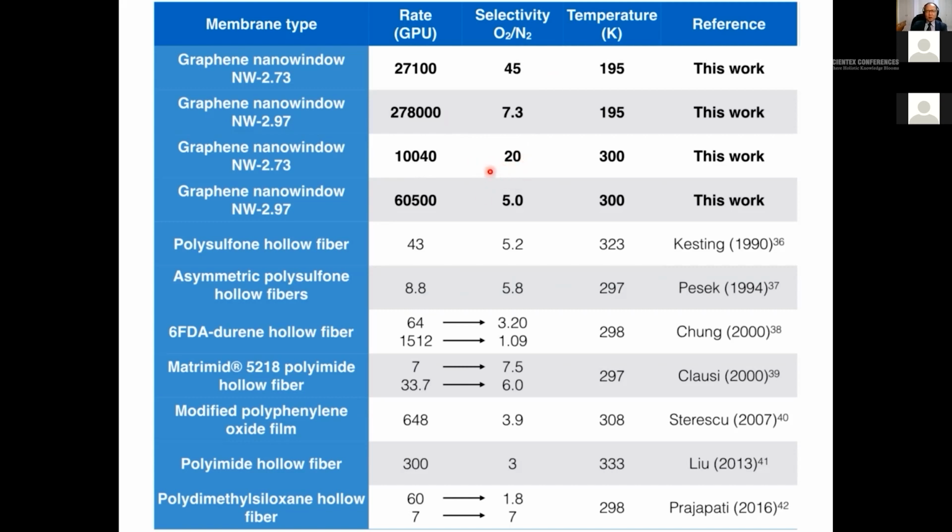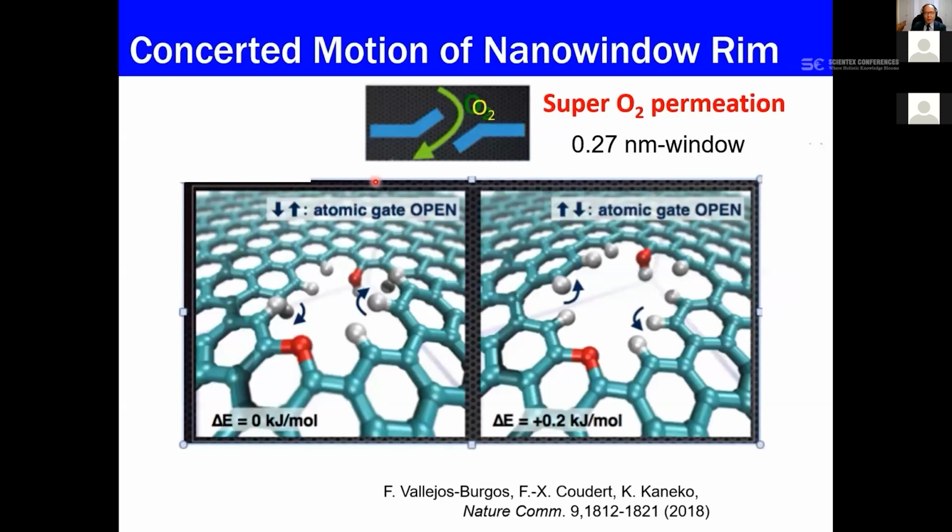So it is very promising if we apply graphene to design an air separation film, but of course, not so easy. Why can oxygen permeate a very small 0.27 nanometer window?